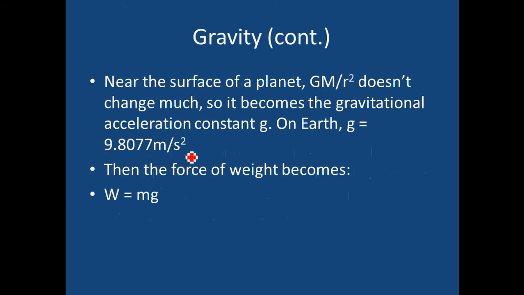Oh yeah, and then when you're just on the surface of the planet, this whole thing is pretty constant, right? The mass of the Earth doesn't change, and the radius of the Earth isn't changing much either. So this turns out to be the gravitational acceleration g, which on Earth is equal to 9.8077 meters per second squared.